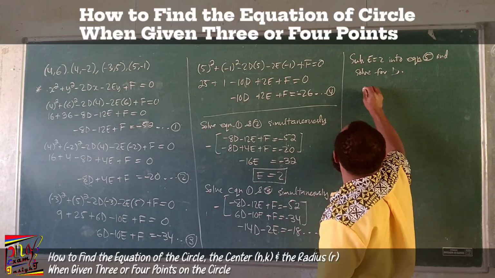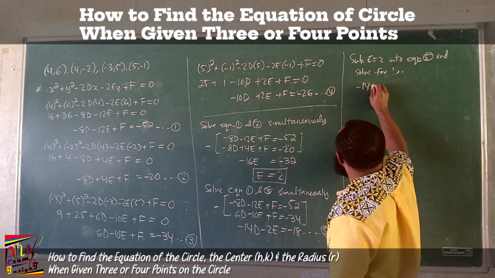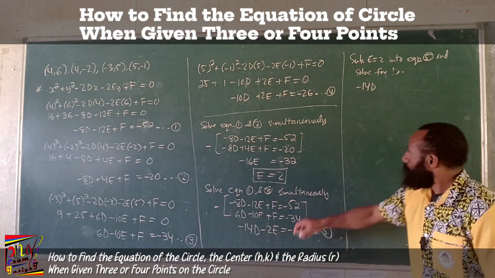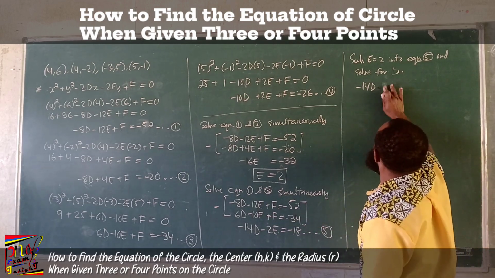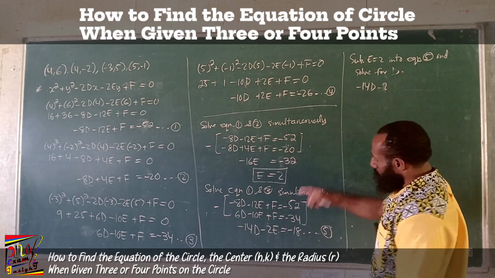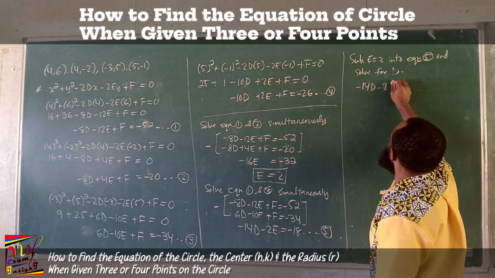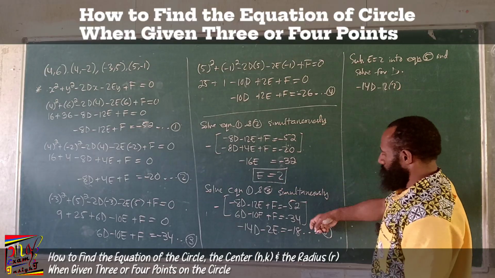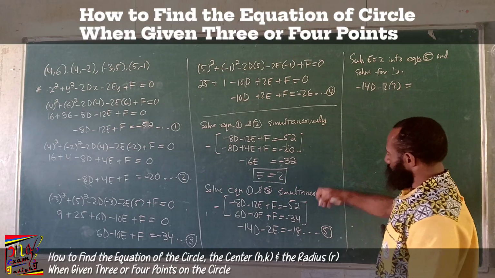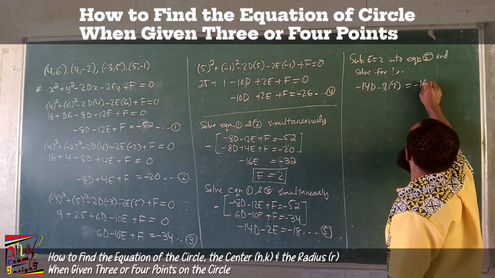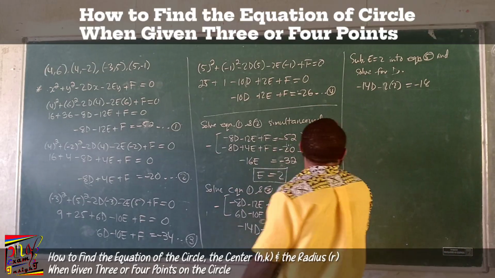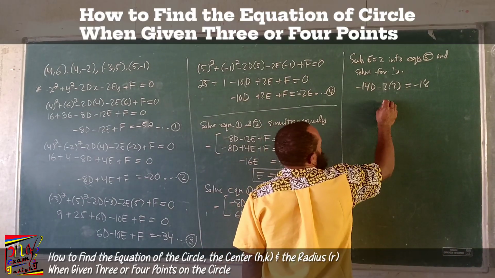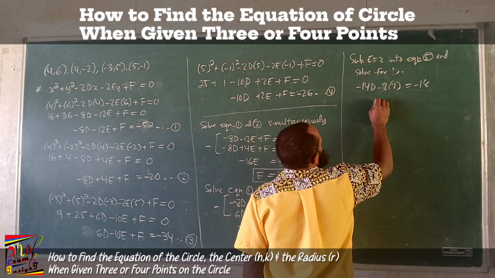Okay, so now look at it. Our equation 5, we have minus 14D minus 2E, instead of E, 2, and then equals minus 18. Okay, minus 2 times 2 gives us minus 4.